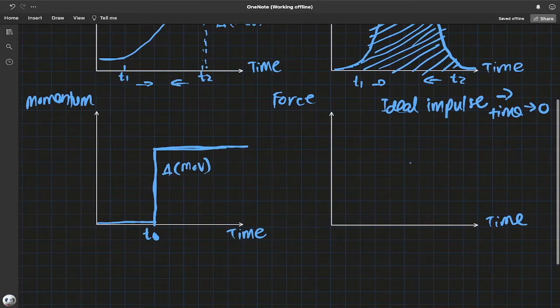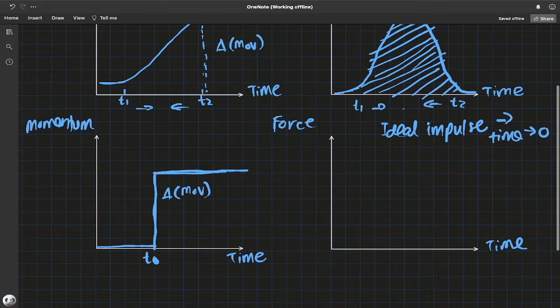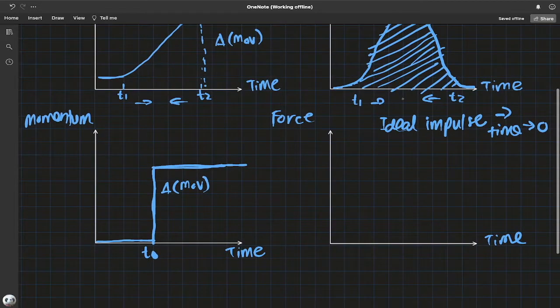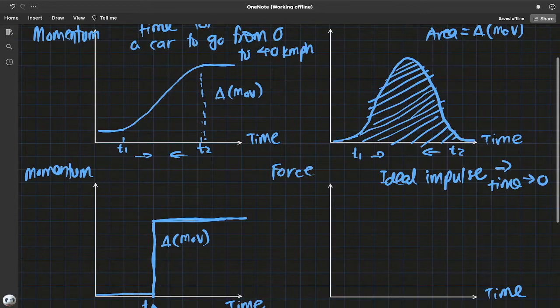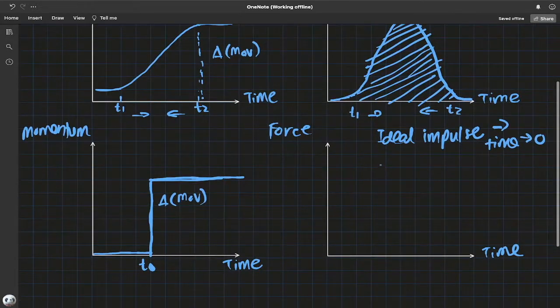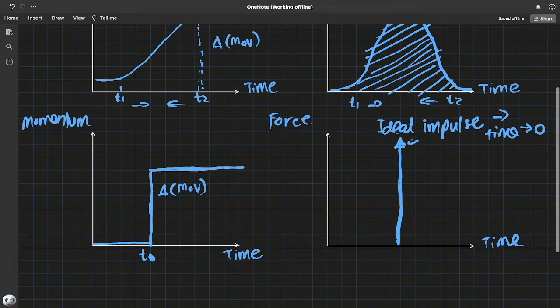So it's going to have a base that's going to 0 and a height that's increasing, because we have to maintain the same area. It's going to look something like this. It's going to be really narrow. That's why I'm drawing one straight line instead of two lines. And infinite height.